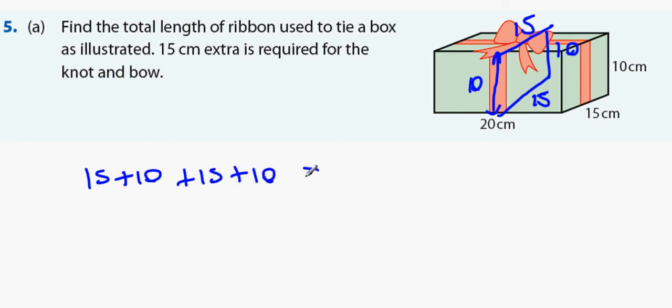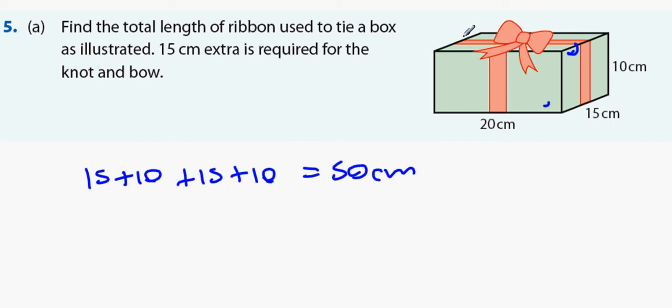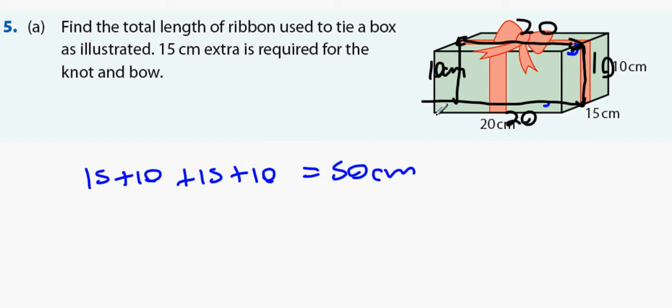Okay. Now the next thing we've got to do is the next ribbon going in the other direction here, which is going to cover 20 centimeters on top. It's going to drop down 10. It's going to cover another 20 centimeters underneath, and then it's going to go up another 10. So it's going to be 20 plus 10 plus 20 plus 10.